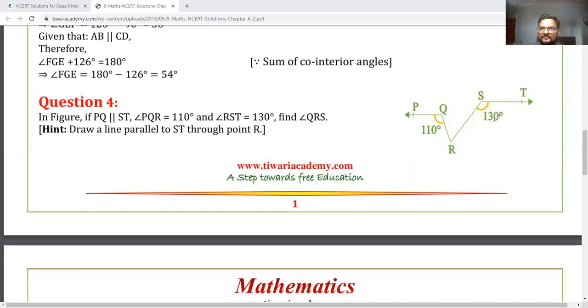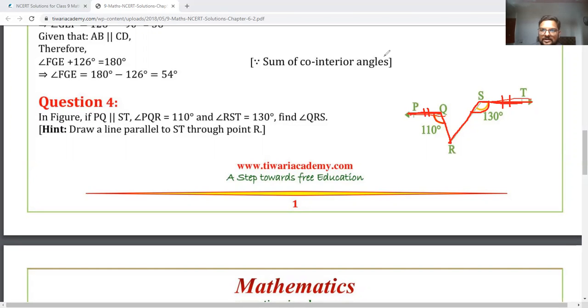Here in the given figure, PQ and ST are both given parallel to each other, and as well the angle TSR is given 130 degree, and PQR is given 110 degree.